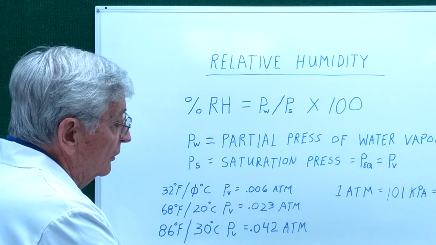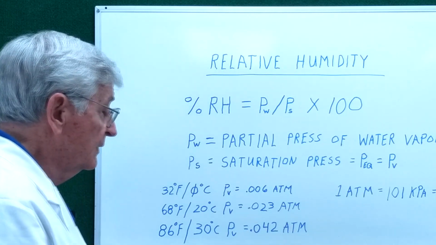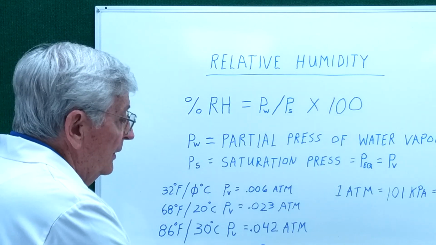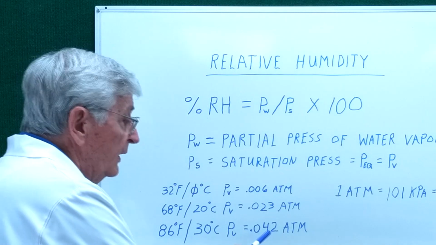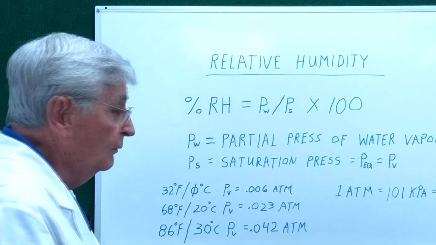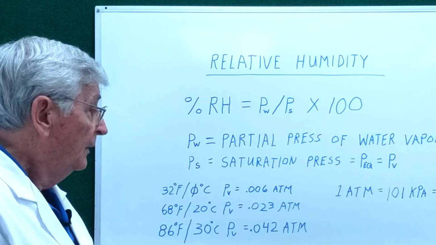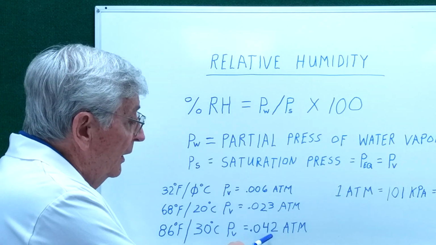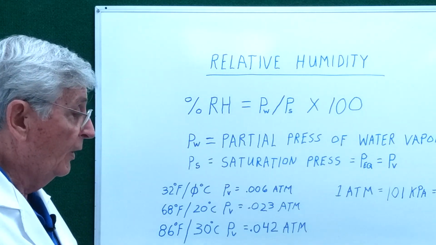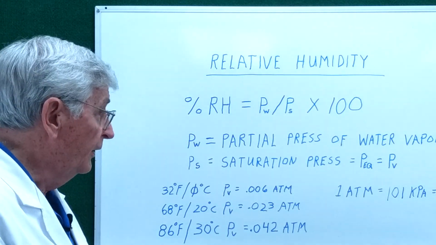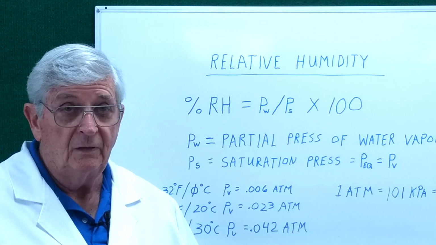The vapor pressure of water is 0.042 atmospheres. So that means at 100% relative humidity, we could have 4.2% water vapor in this room. Now, if the water vapor's occupying 4.2% of the volume, that means we have less oxygen to breathe.